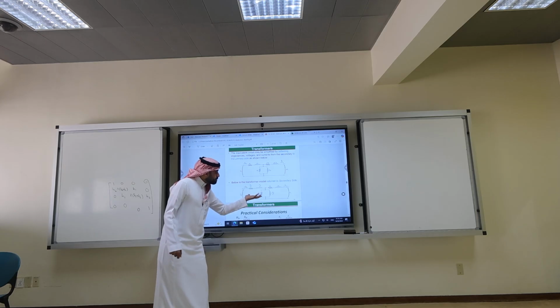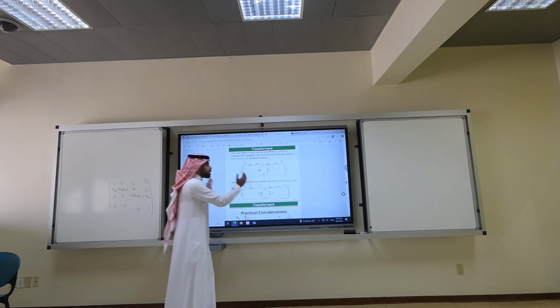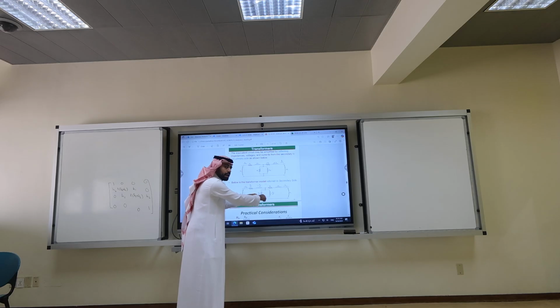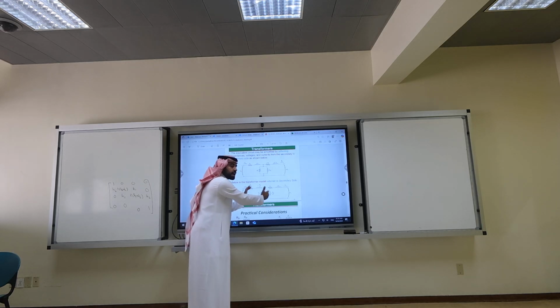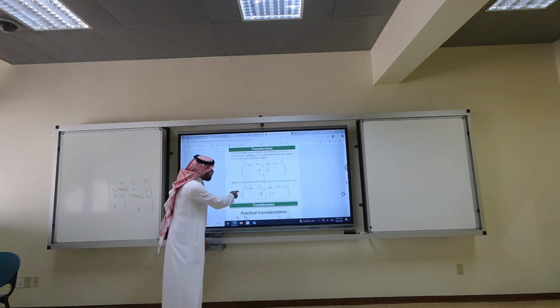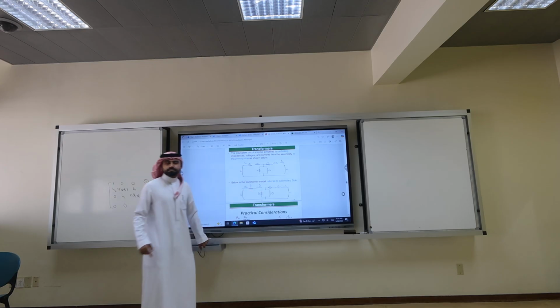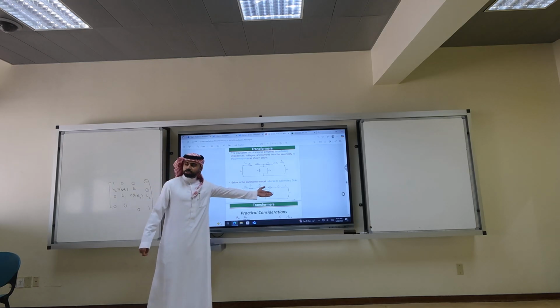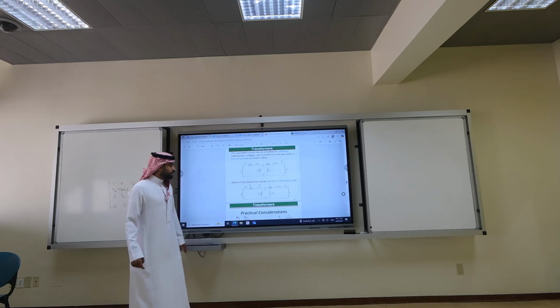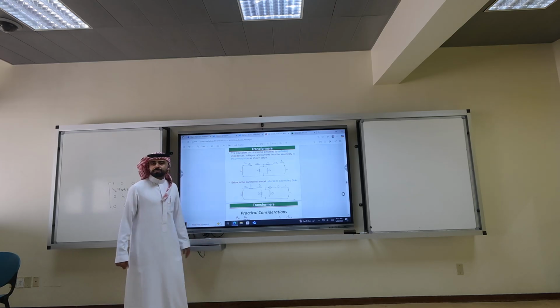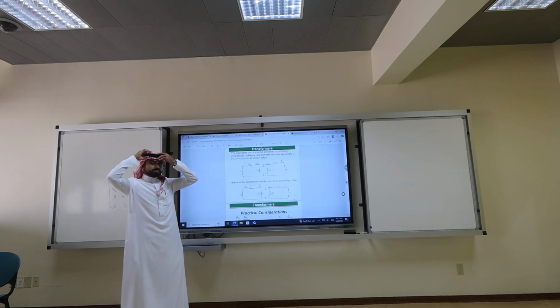In circuit number 2, we refer the primary component, including the parallel, to the secondary side. That's why you see here, for example, VP prime, IP prime, RP prime, JXP prime, RC prime, JXM prime. Or you see it divided by A squared, or multiplied or divided by A. So yes, it's more work.